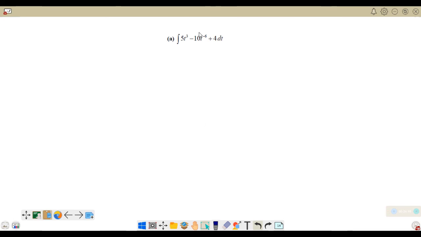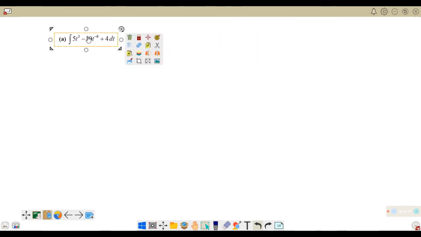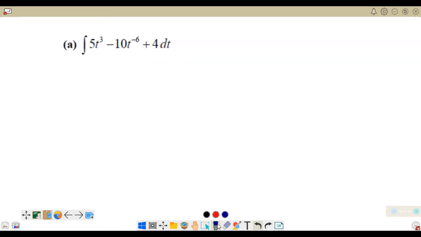So to answer this one, all we have to do is to add 1 to each of the power for every term and then divide that term by its new power. So, unang term natin is 5t cube.